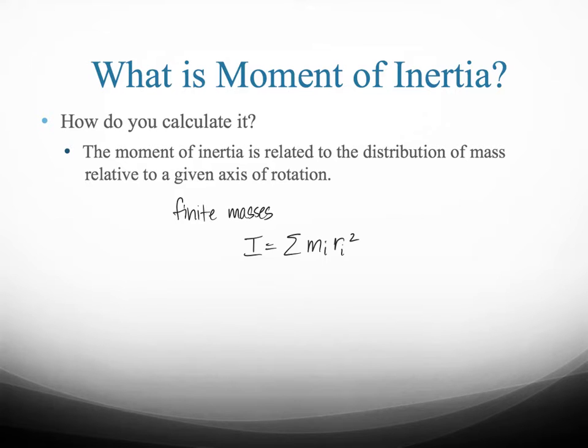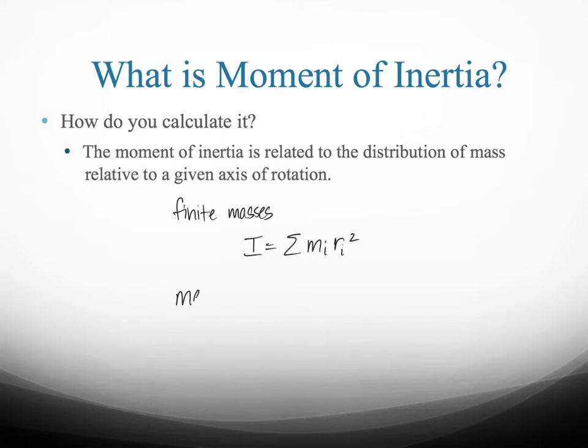The r squared makes it so that if you have mass distributed symmetrically about an axis, the contributions don't cancel out with positive and negative values when you're calculating the moment of inertia.